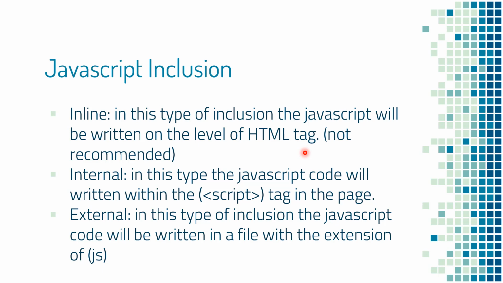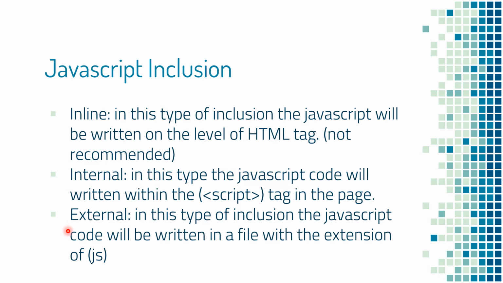When we say internal inclusion, that means you may write your code within the HTML and you should enclose your code with a script tag. When you are talking about external inclusion, and by the way, this is the best practice, to separate HTML from JavaScript, most of the time you will find us working with external JavaScript.